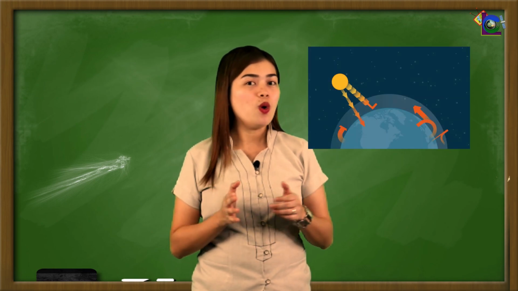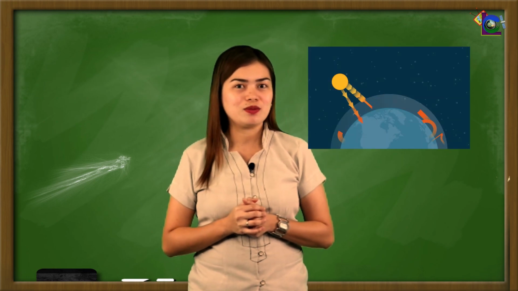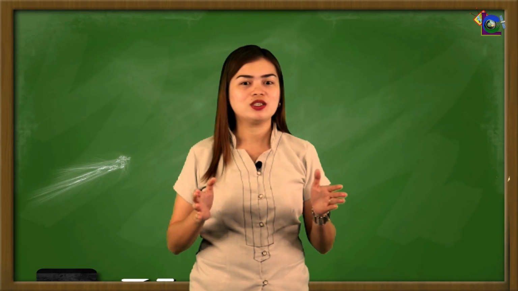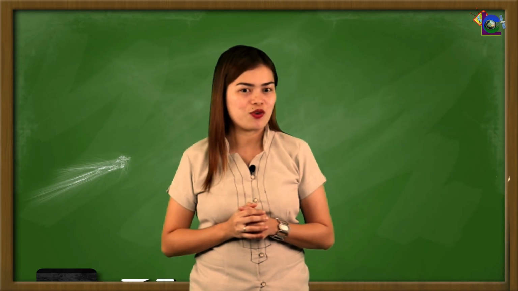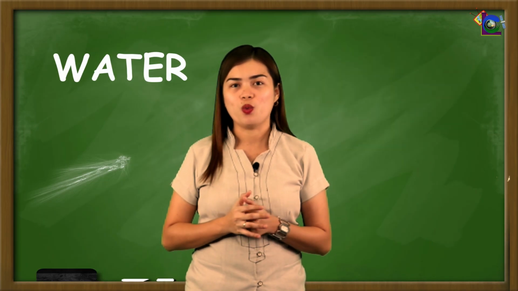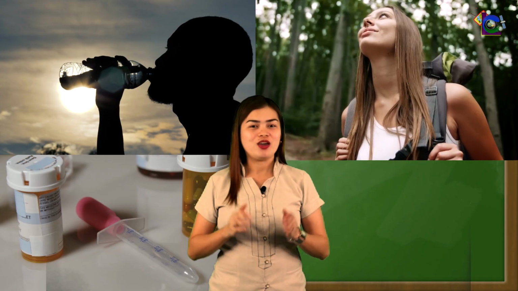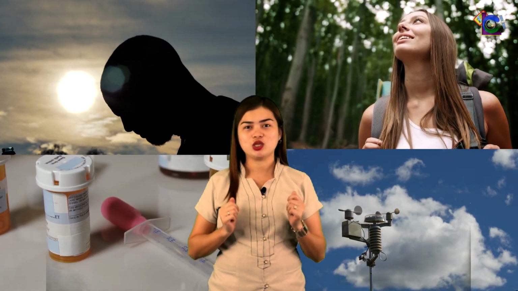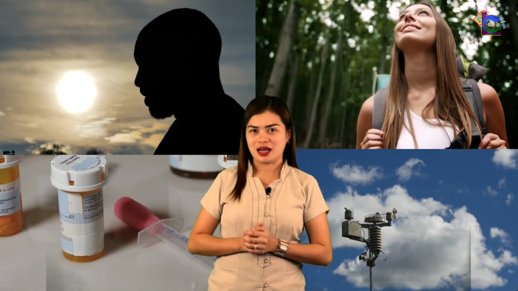It is kept warm by an insulating atmosphere, and it has the right chemical ingredients for life, including water and carbon. It can provide water, oxygen, useful biological products for humans, and has suitable weather and climate.